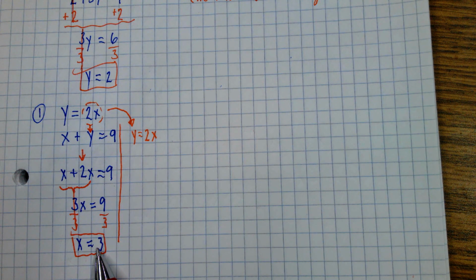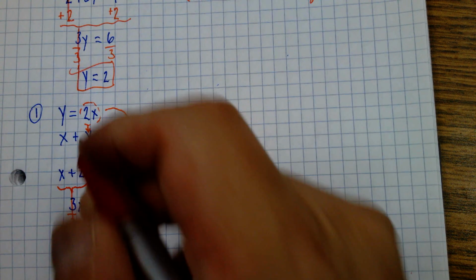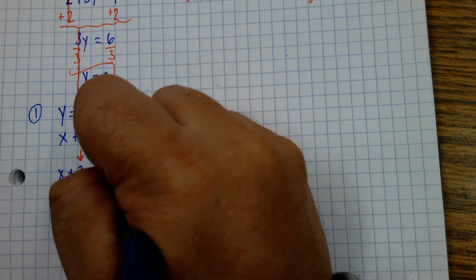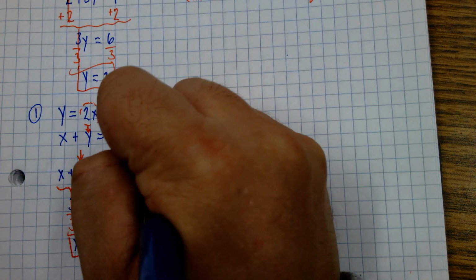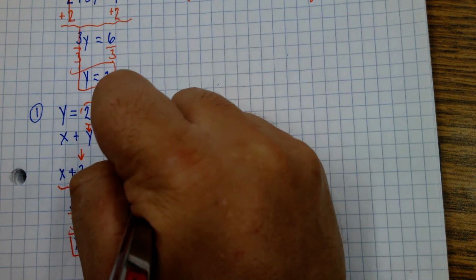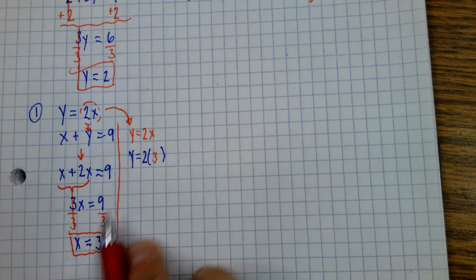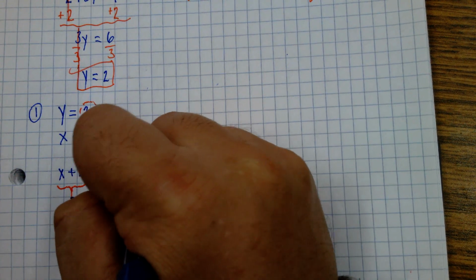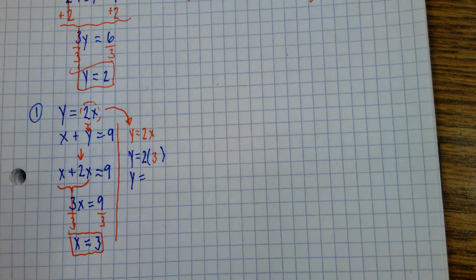3. So now I'm allowed to substitute in 3 anywhere I see an x. And I'm going to substitute it in here. So instead of y equals 2 times x, it's going to be y equals 2 times 3. Okay, that's why this is going to help you find out what y is. So what's y in the end? It's 2 times 3.